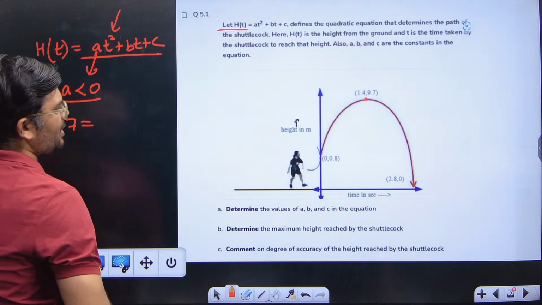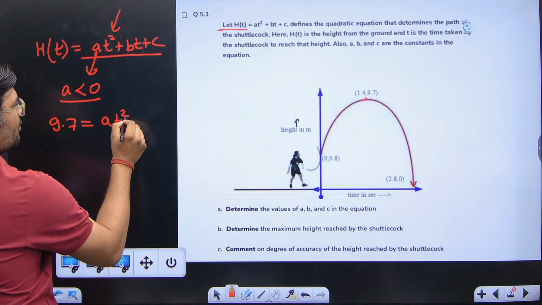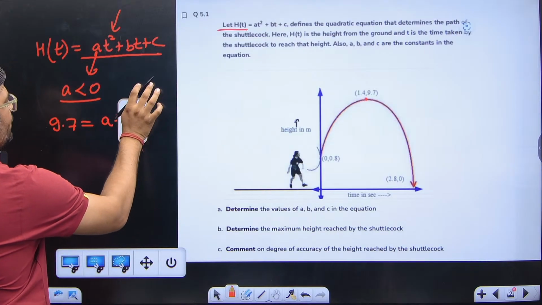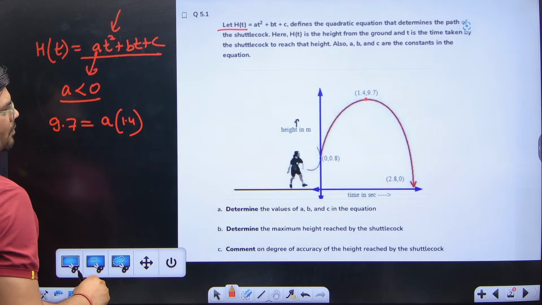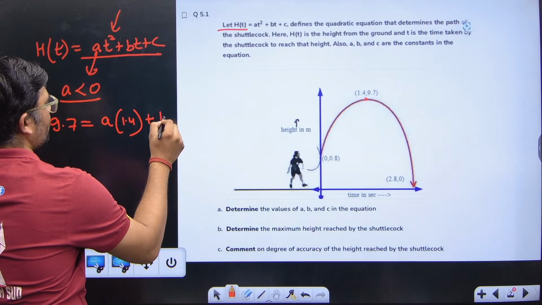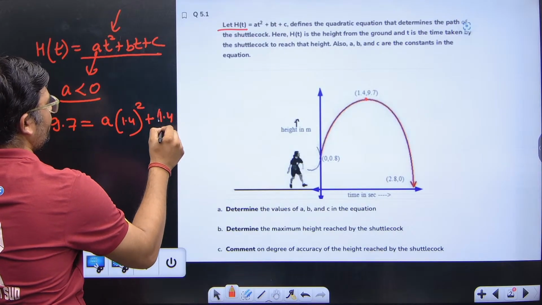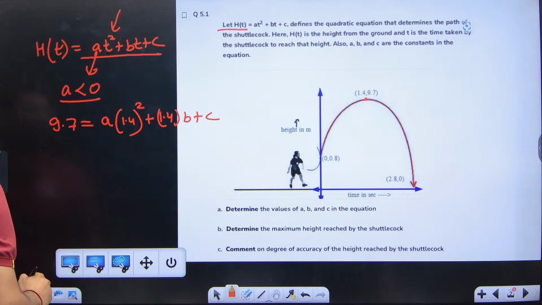So 9.7 is a times t square, so instead of t, what can you write? You know that t is given as 1.4. So a into 1.4 plus 1 whole square plus 1.4 into b plus c. Are you getting it?